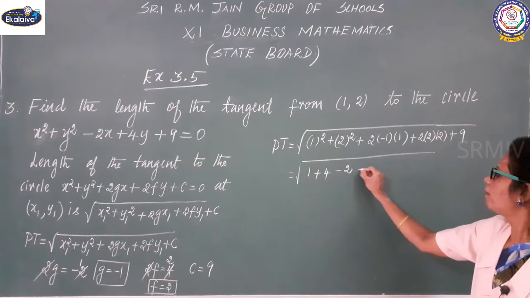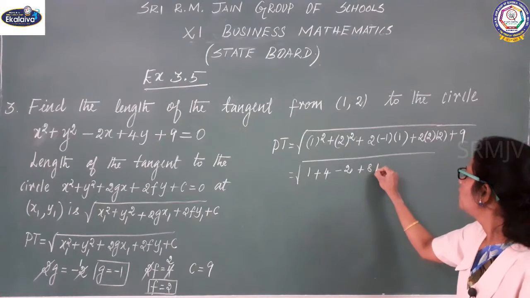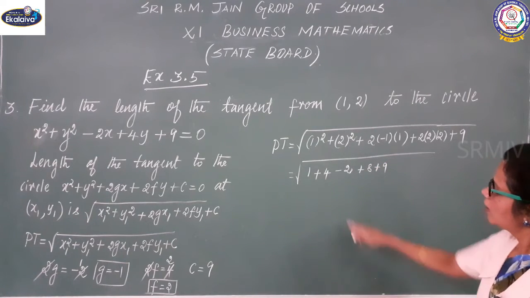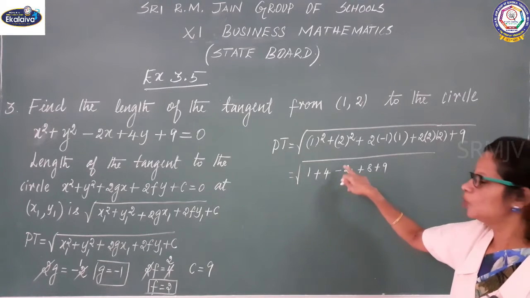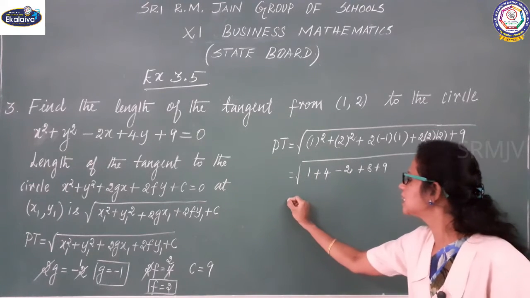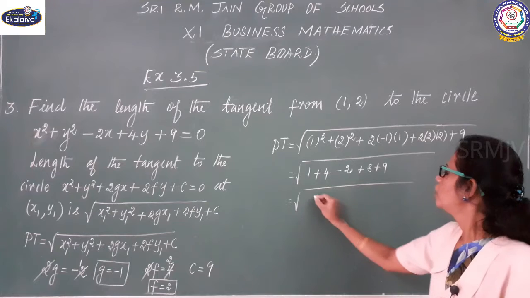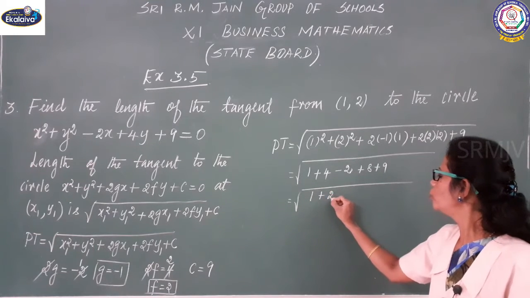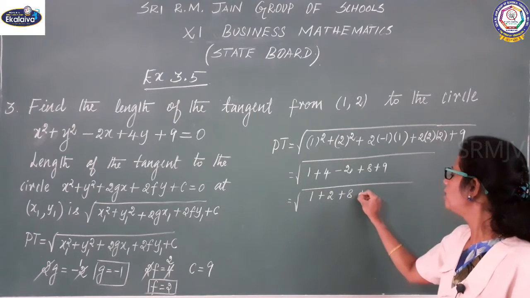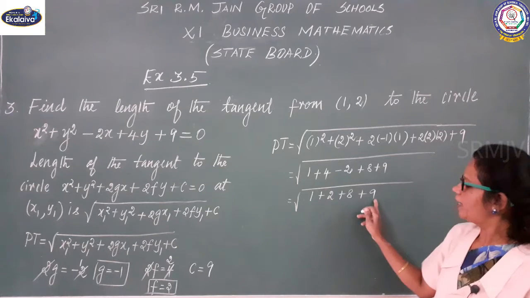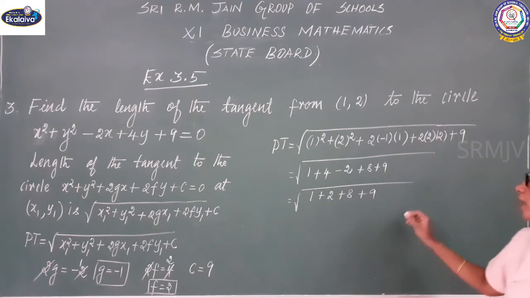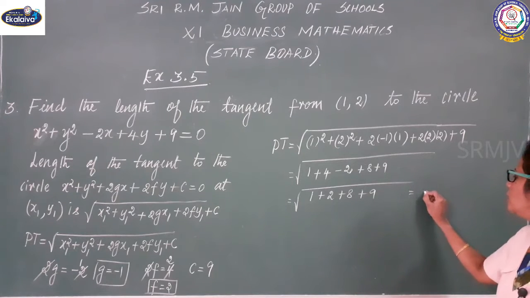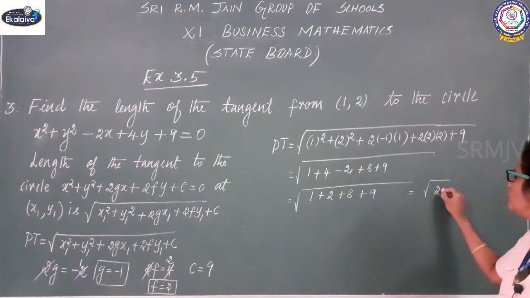Here you see plus 8 plus 9. 4 minus 2, what can you get? Only 2. 2 plus 1, 3. 1 plus 2 plus 8 plus 9. Now you add 9 plus 1, 10. 10 plus 2, 12. 12 plus 8, 20. PT equal to square root of 20.